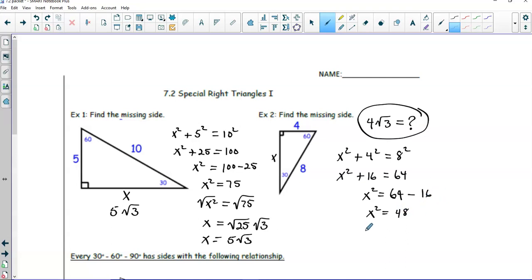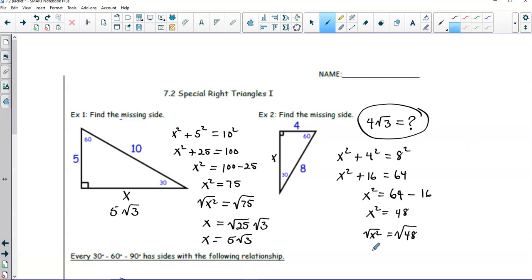So we have that x squared, so what right here? The square root of x squared equals the square root of 48. Well, if you break these apart, you may remember that 16 times 3, I think, is 48.